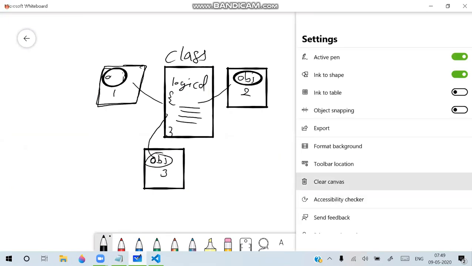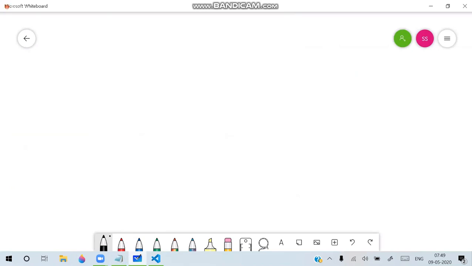Actually, static and non-static are memories. For example, let's see one example here. Suppose we have a main memory.